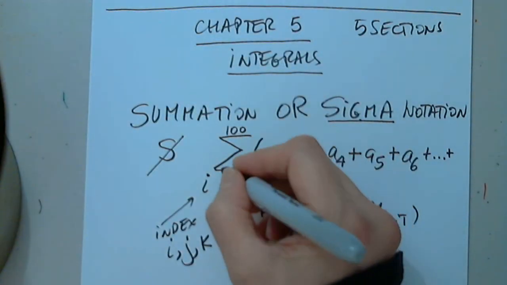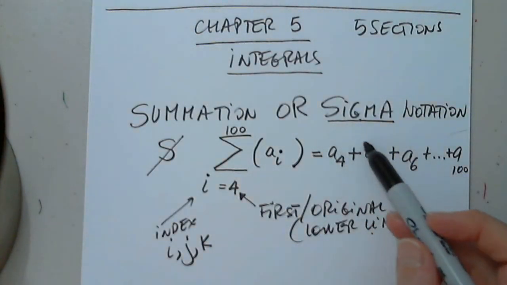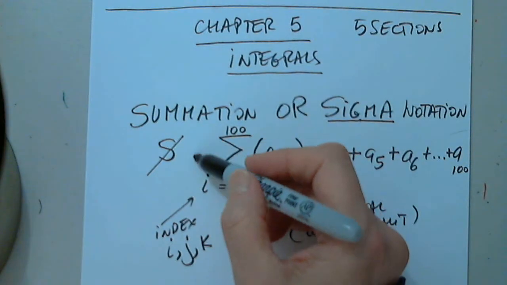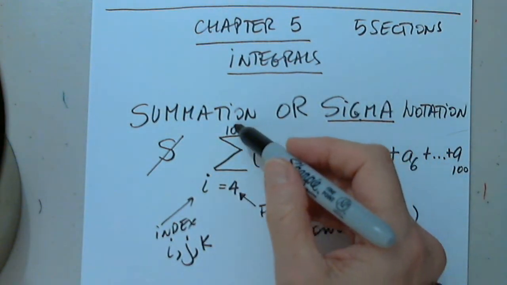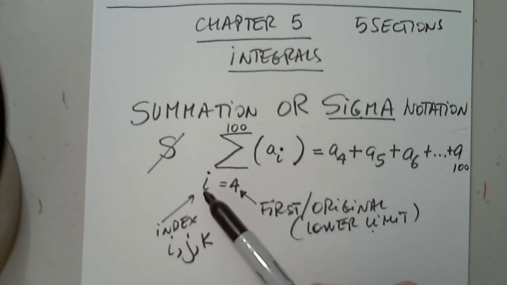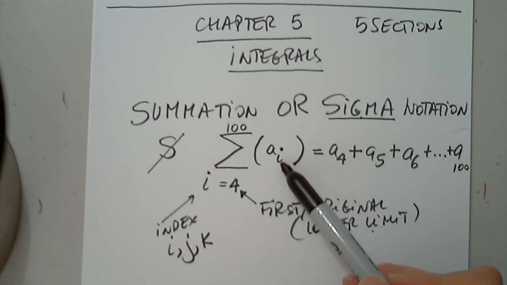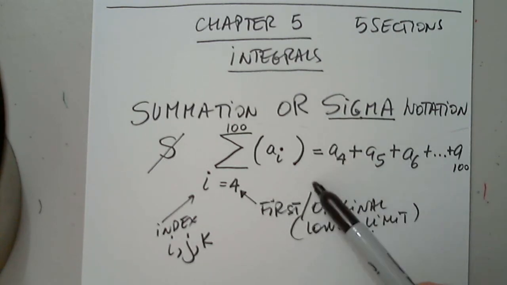When i is 100, I have a sub 100. Instead of writing this, we write this kind of fancy notation, and we read it in the following way: the sum, as i goes from 4 to 100, of a sub i, instead of this.